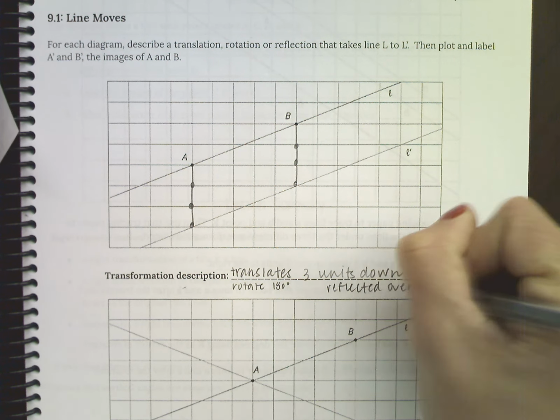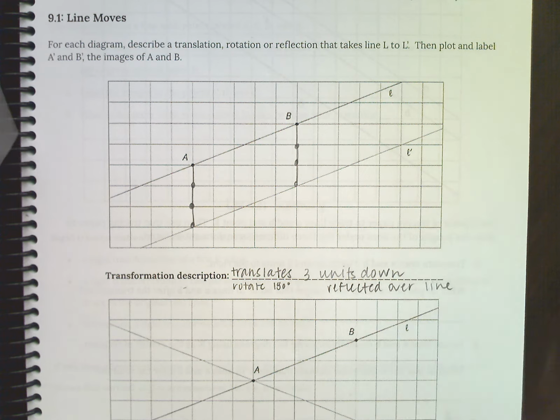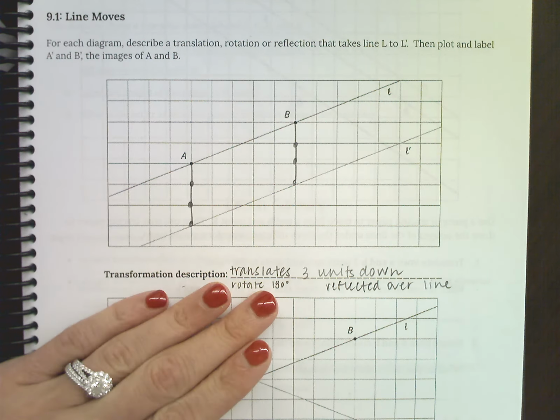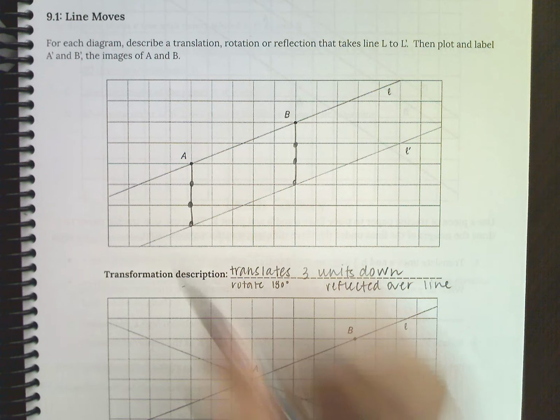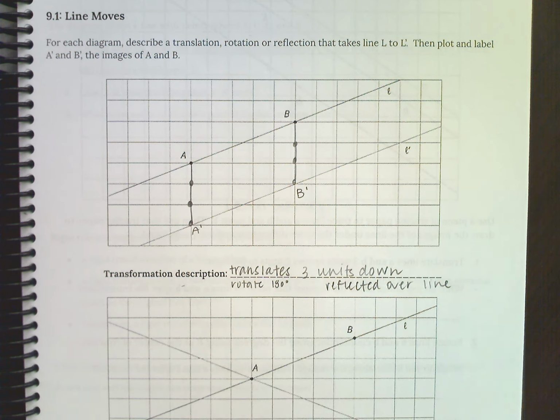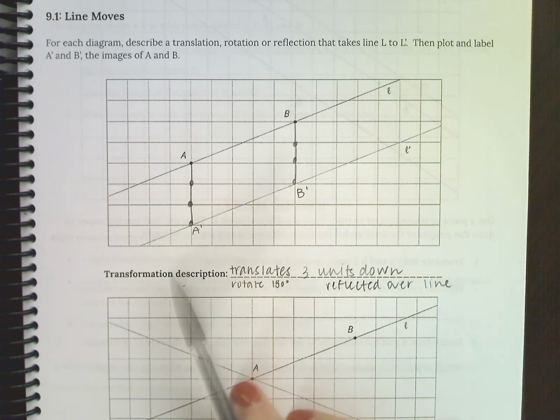You would have had to draw a reflection line, which I did not draw, and reflect it over that, and you could have also gotten that. So I'm going to label A prime right there and B prime right there. Okay, so those are different transformations to get from line AB to line A prime B prime.